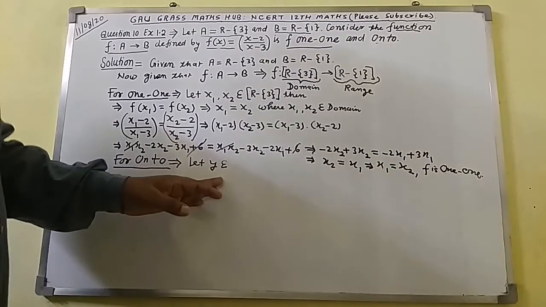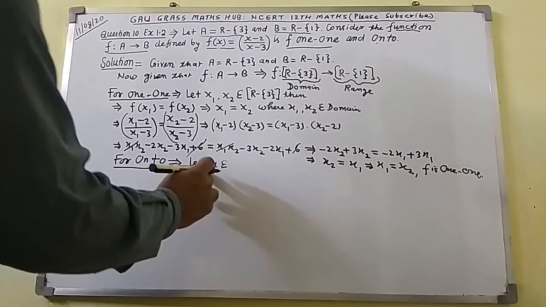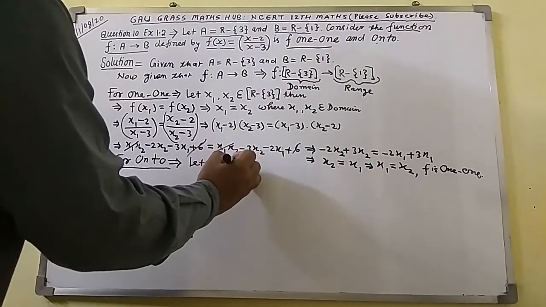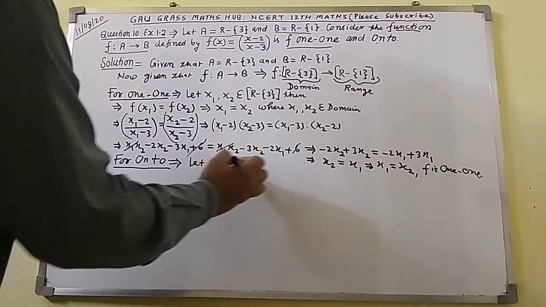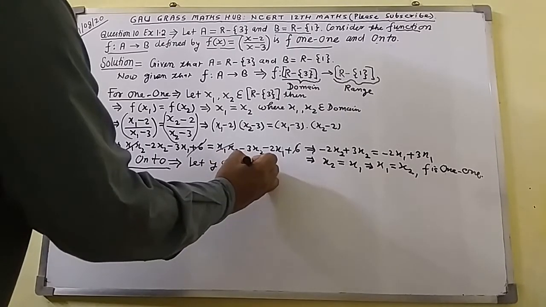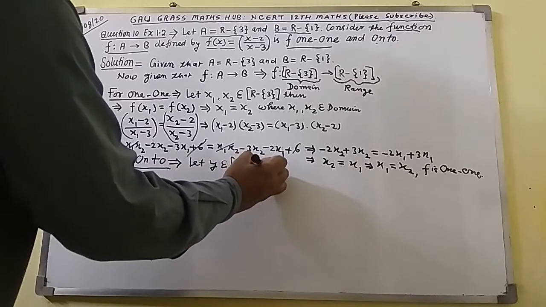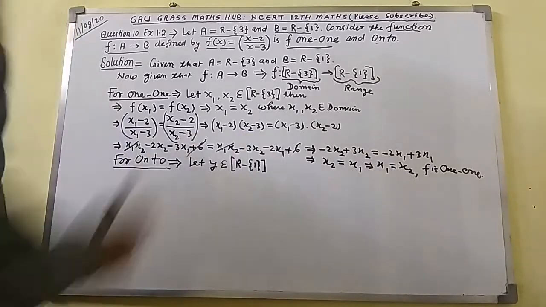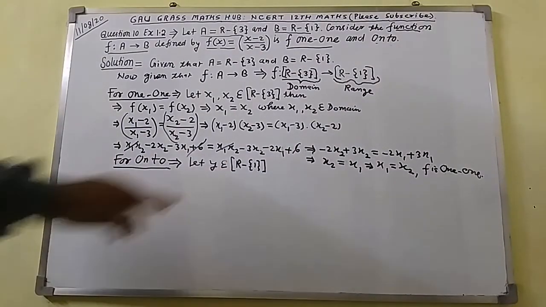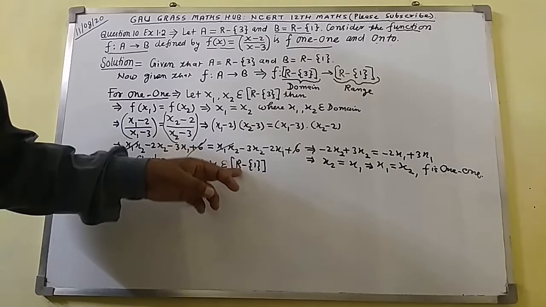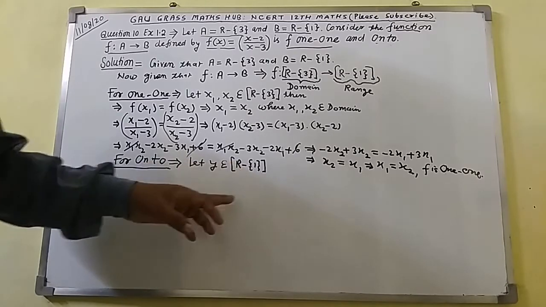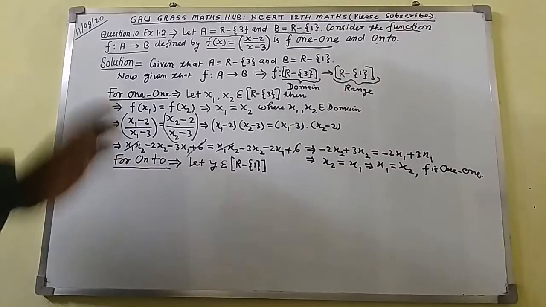So range, let small y be element of range. So here I can write, here it will come codomain, capital R minus curly bracket 1, curly bracket close, square bracket close. So here I have let, this is codomain. So here you have to prove this codomain. When this codomain will be converted to range, then this function will be onto function.